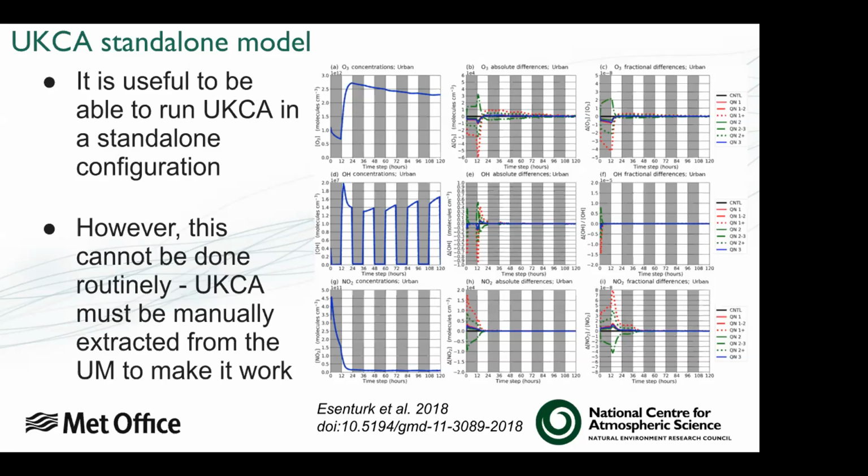So this box model that was used, I think, was at version 10. The main work that was done in the UM was at version 10.7, which was 3 years later.